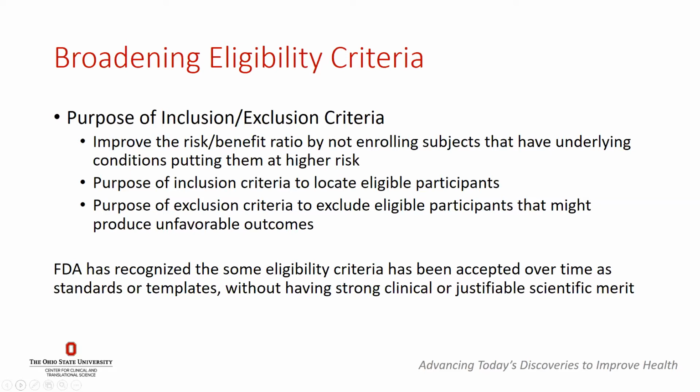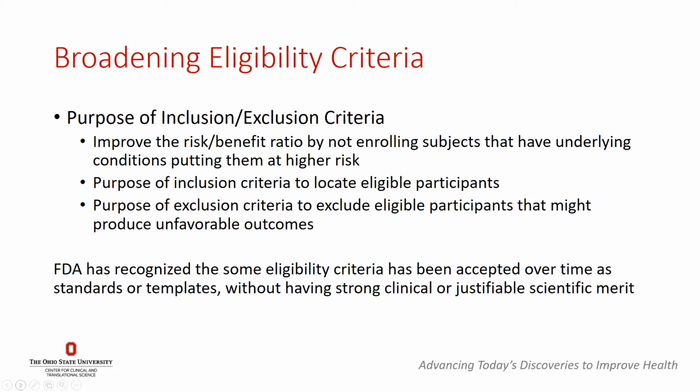So comorbidities, that's why a lot of times you do chemistries to make sure that their body is functioning properly. So these are the reasons that you have the inclusion exclusions.